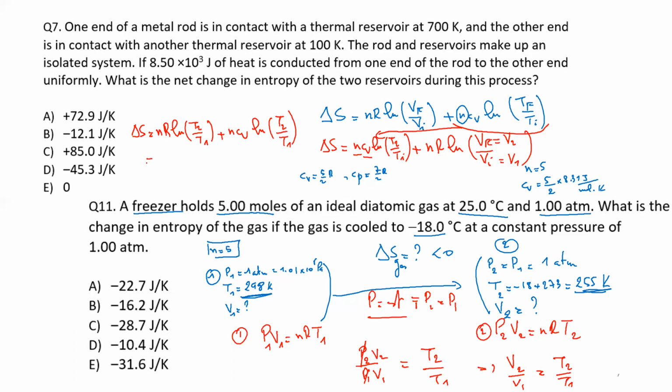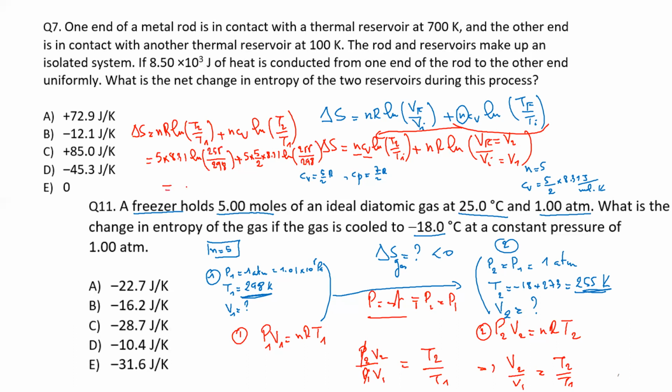Let me put the numbers. n is equal to 5, R is 8.31, ln T2, I know it already, 255 divided by T1, 298, plus n, which is 5, CV, I know that is a diatomic ideal gas, so 5 halves of 8.31, ln T2, which is 255 divided by 298.